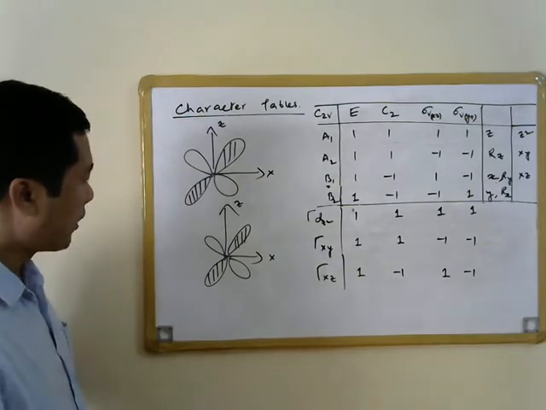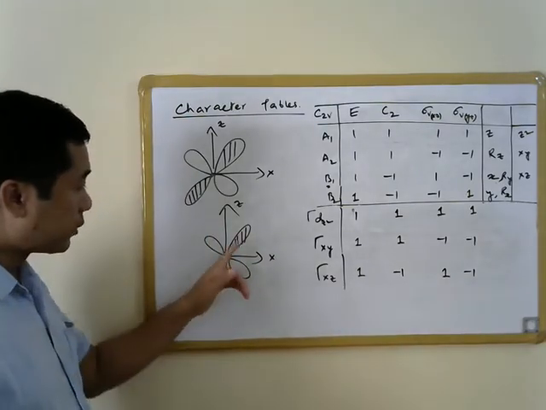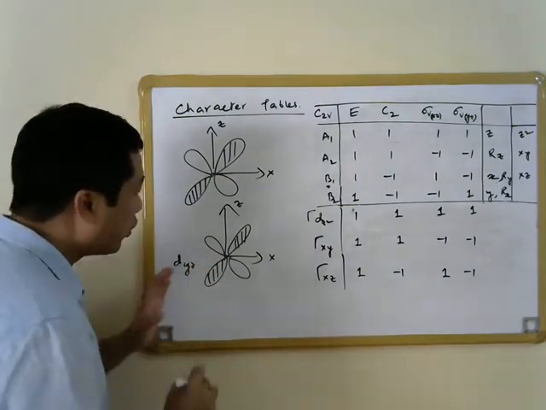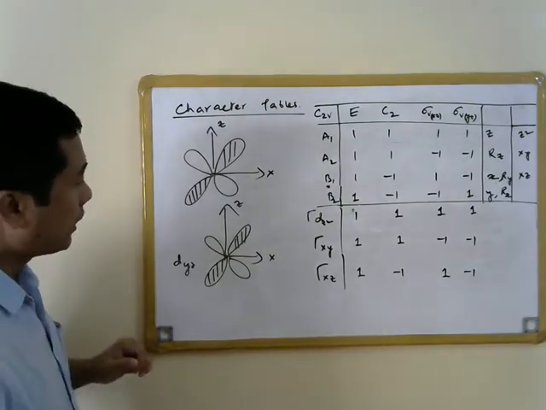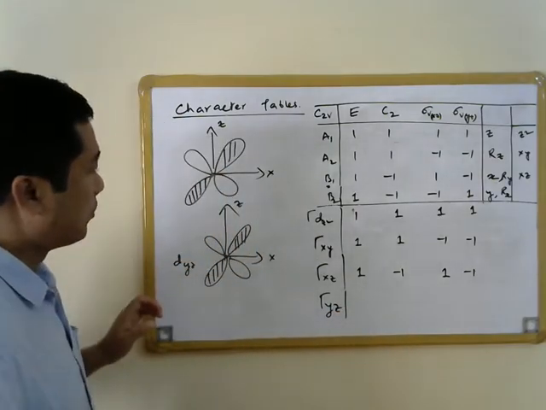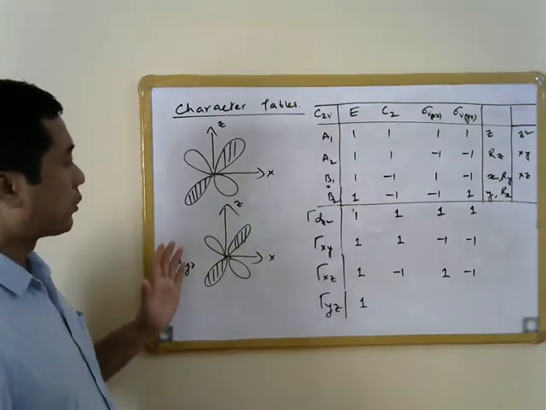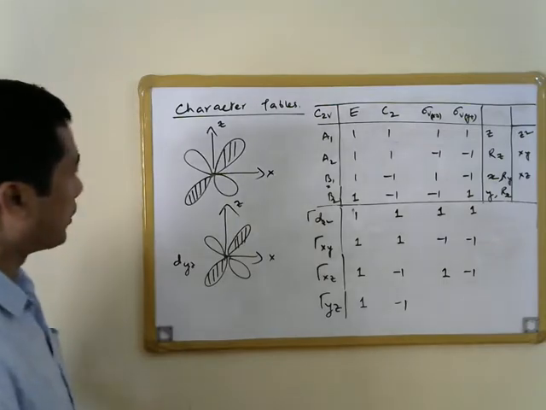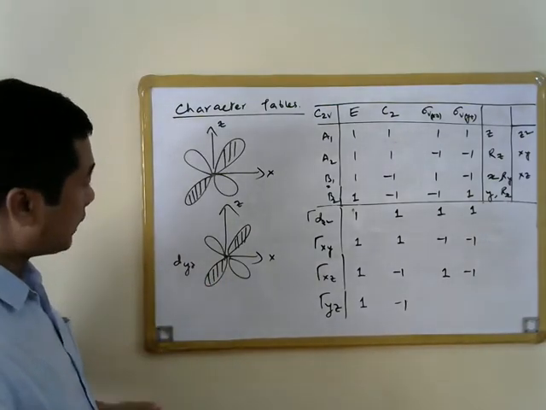We know that the y-axis is perpendicular to the plane of the board, and that is why the lobes of the yz orbital also lie on a plane perpendicular to the plane of the board here. So when we do that, this is going to be +1. When we do the C2 symmetry operation, this is going to be -1, because the symmetry of the lobes is going to get reversed.